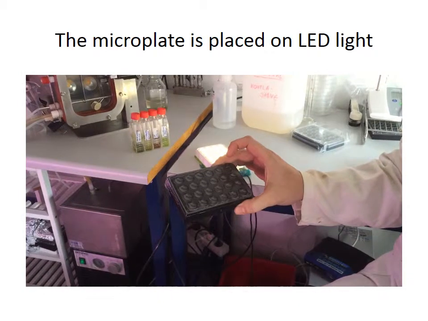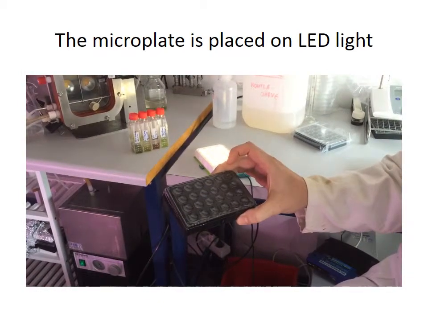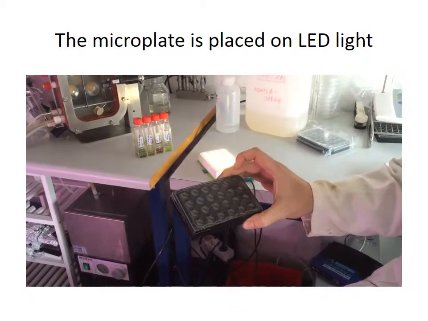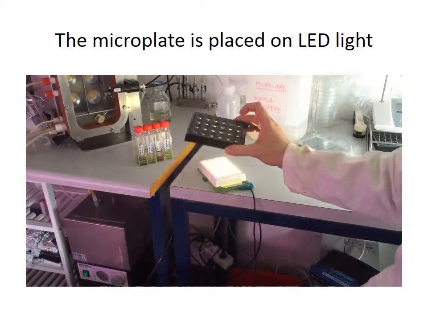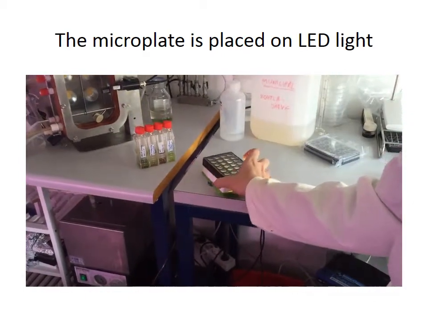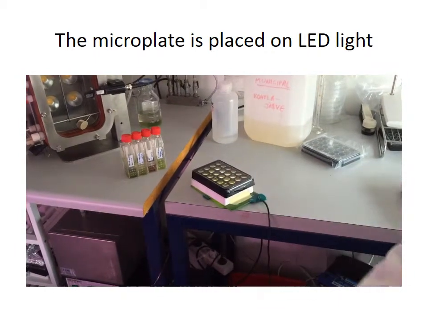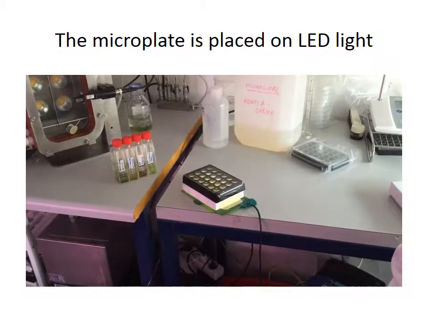Once the microplate has been prepared and the first measurement at, let's say, time 0 has been done through the Synergy microplate reader, the microplate will be placed on the LED light, which, as we have stated, is made in a way that there are 24 lights that are identical.